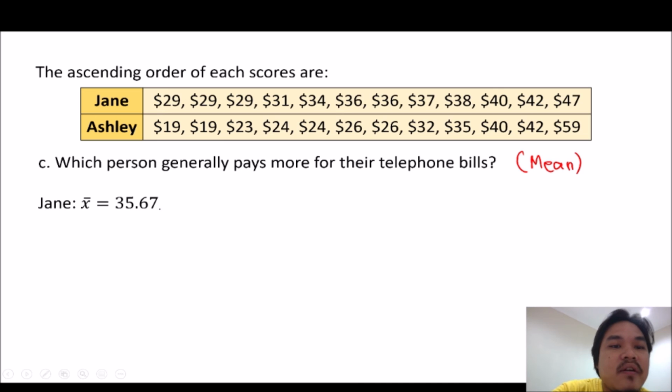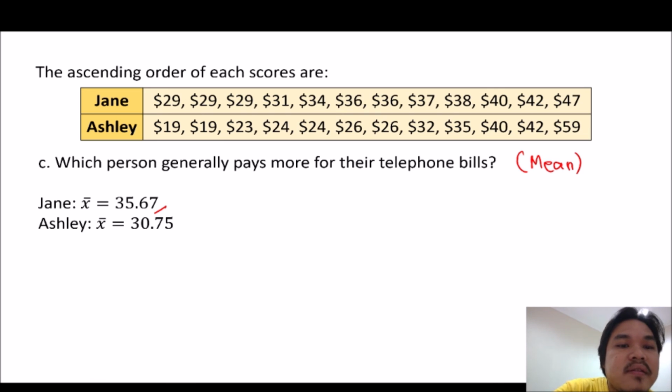Jane has a mean of $35.67 and Ashley has a mean of $30.75. Since we're asking for the person who generally pays more, we will consider the person who has the higher mean, and that is Jane.